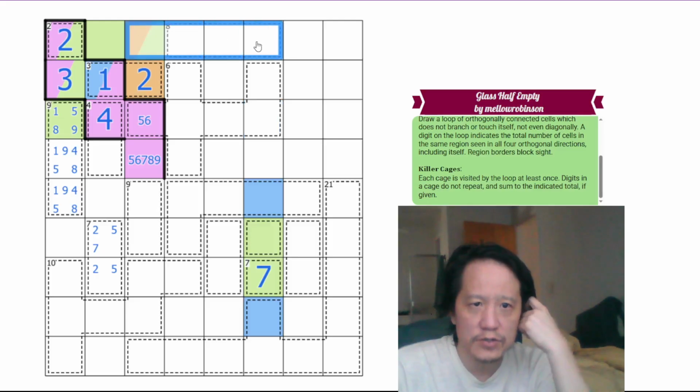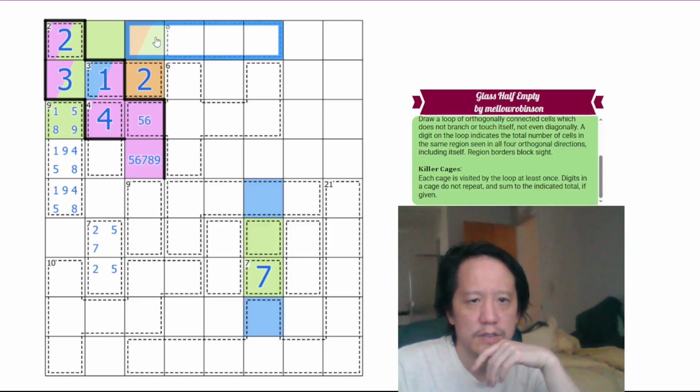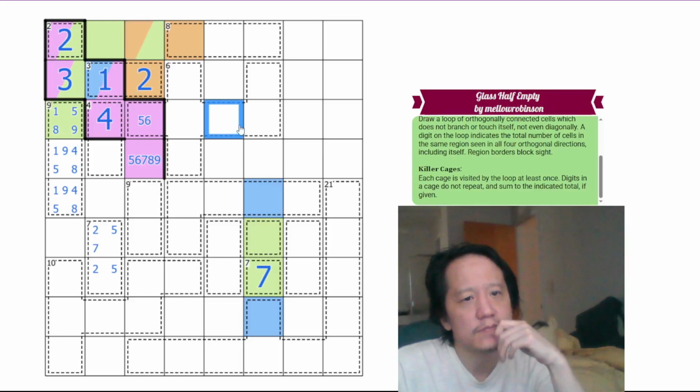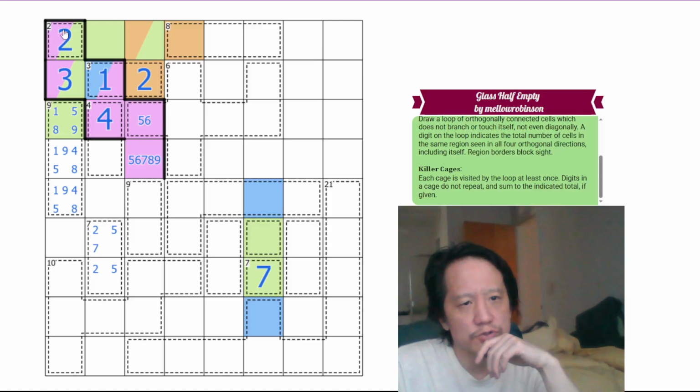So that means it must go this way. Which means this matches the loop. We're going to also draw the loop so that we have an ability to see it, by removing it potentially.